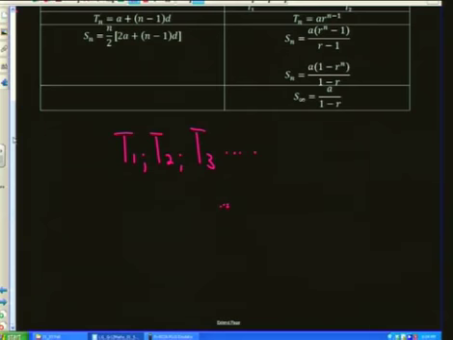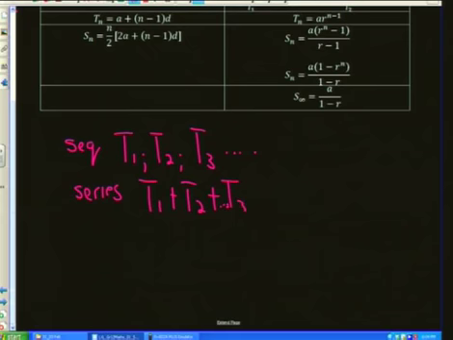That's a sequence. And if I'm talking about a series, well, now I'm saying, let's take term 1, add it to term 2, add it to term 3, and keep on going as long as we need to. So when we are adding or summing the sequence, we are actually calling it a series. Of course, we could also have an add and a subtract depending on what sort of sequence we're working with.